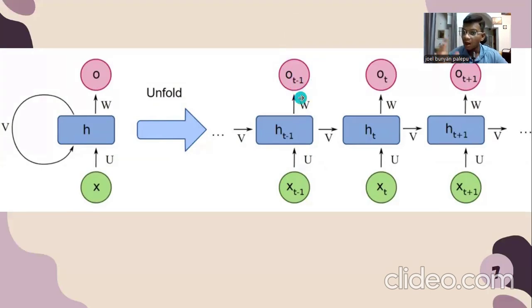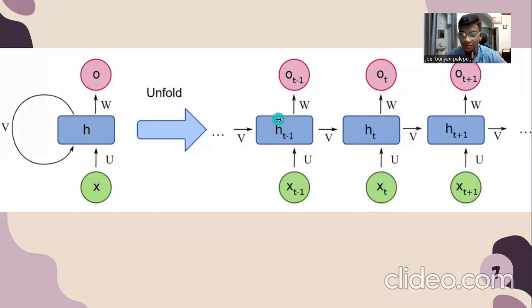However, in our problem, we don't need that. We can neglect these circles, ot minus 1 and ot. So you put in this xt minus 1 value, and you calculate a hidden value, ht minus 1, which is going to be transferred to the next time step with the input xt.